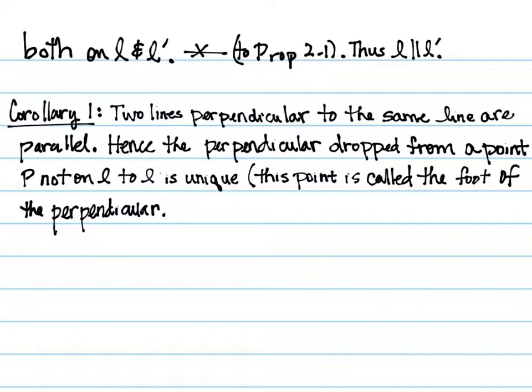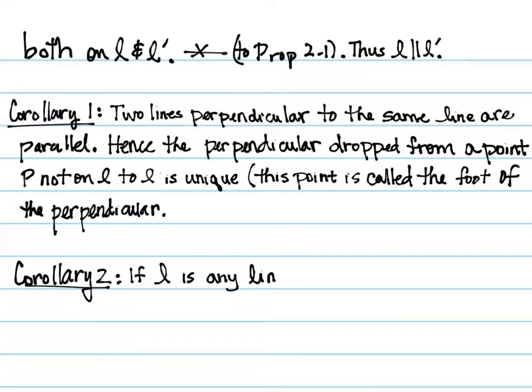That's our first corollary. Our second one says the following. If L is any line and P is not on L, I'm going to shorthand a little bit.